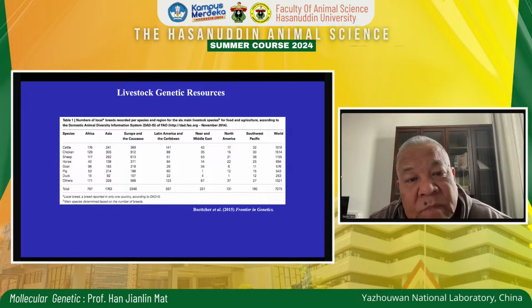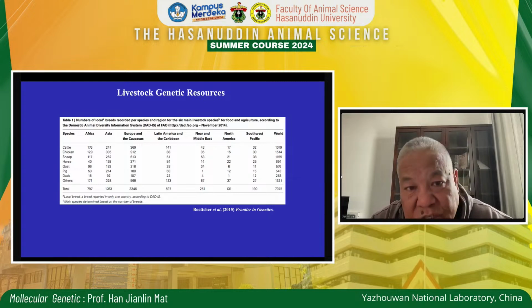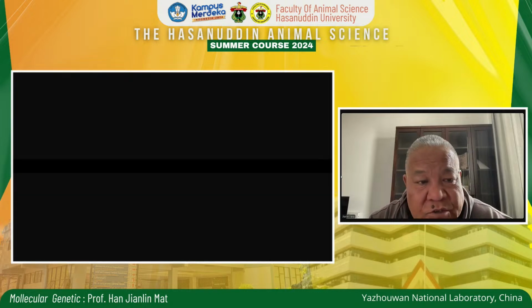For agriculture, people defined a term, breed, to characterize these livestock or poultry populations. So that's what we talk about, the genetic resources today.